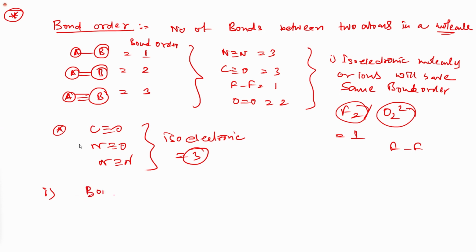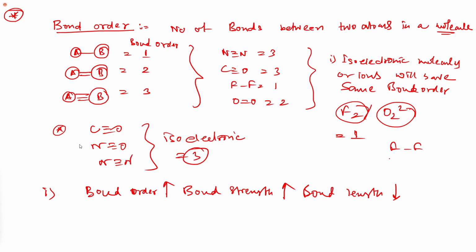When you see the bond order is increasing, that means bond strength is increasing. When bond strength is increasing, that means bond length is decreasing.